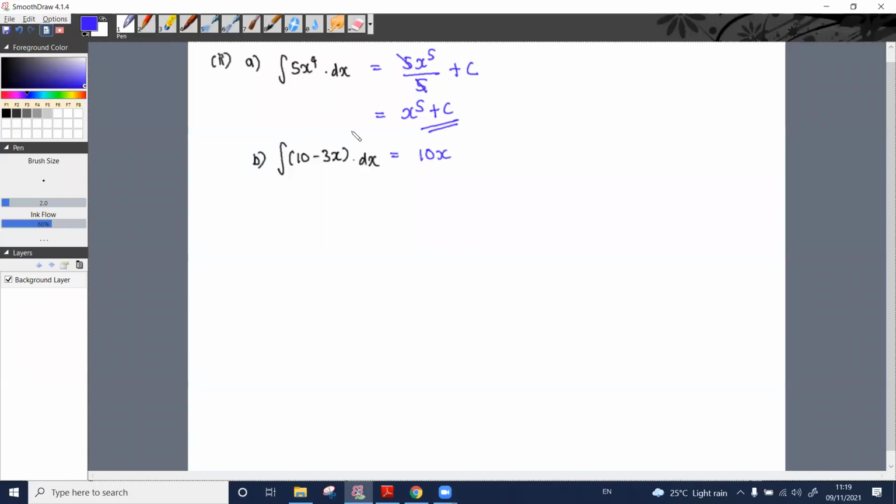So it becomes 10x minus 3x squared over 2 plus c. This should be the final answer. 3 marks. For this one, 3 marks. For this one also, 3 marks.